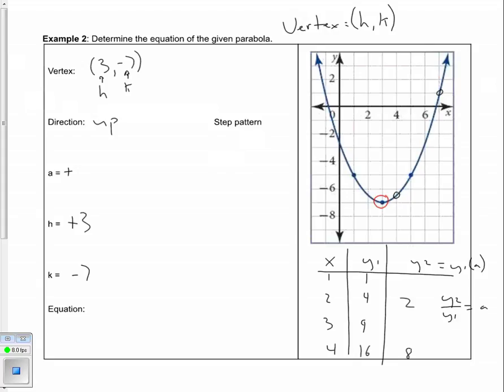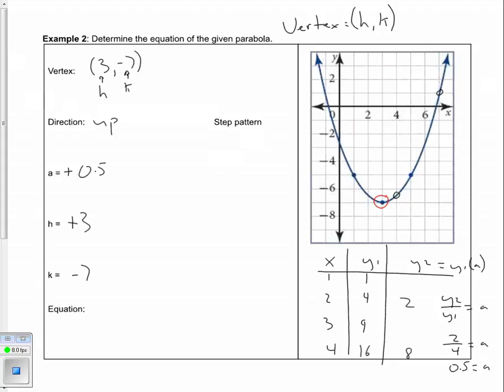And so y2 is 2, y1 is 4, so a is going to equal 0.5. Okay, so positive 0.5. So we can get that from the step pattern.